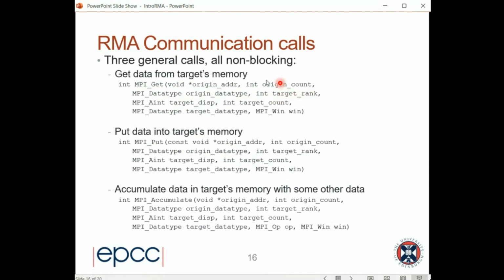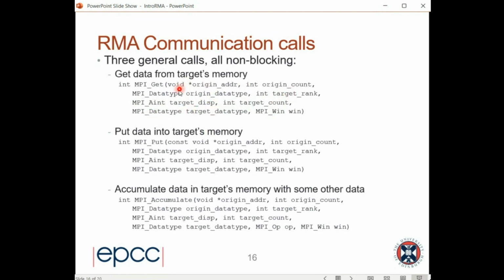Target rank is the source. If you're just doing a receive, you do buffer, count, data type, source, but that would rely on a matching send. Remember that all the parameters are specified in this call. So you not only say where the data is going to, you also say where it's coming from: a target displacement, a target count, a target data type in this window.